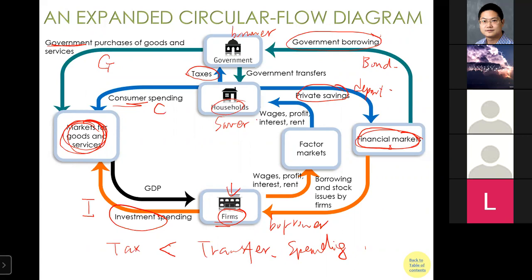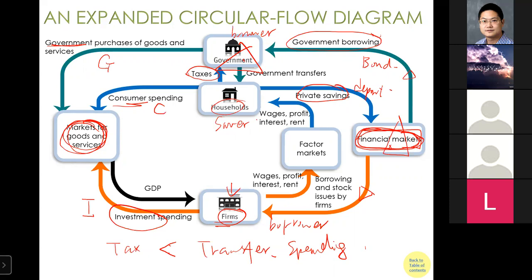And then households save, they put the money in the financial market, so the deposit in the financial market, think about in the bank. Part will be borrowed by government, and part will be borrowed by business, so you will know, right? So now we add government, and furthermore we add the financial market.